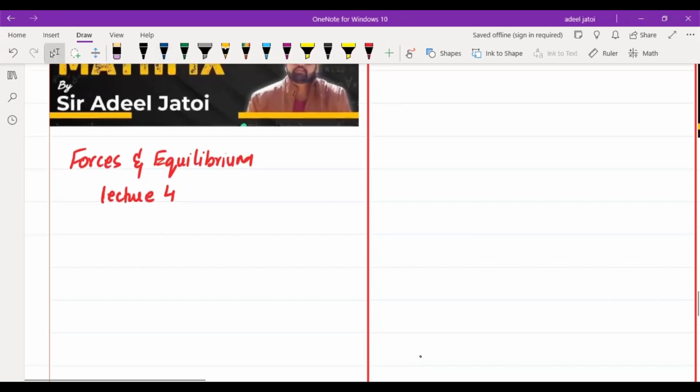Today we'll be working more on equilibrium. What is an equilibrium?